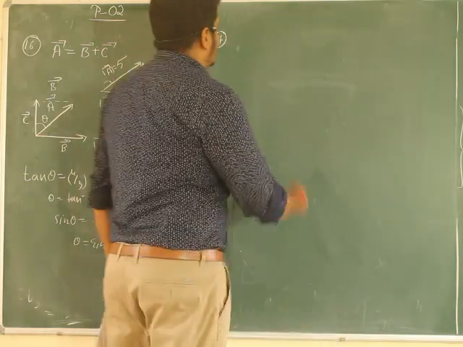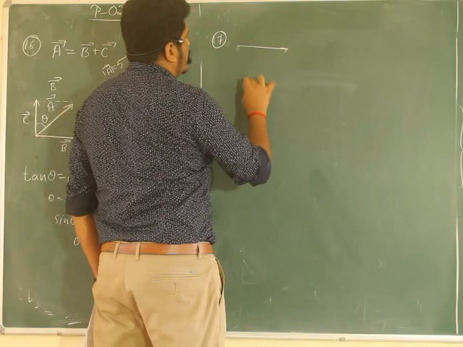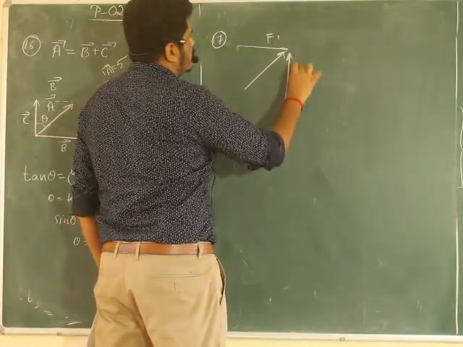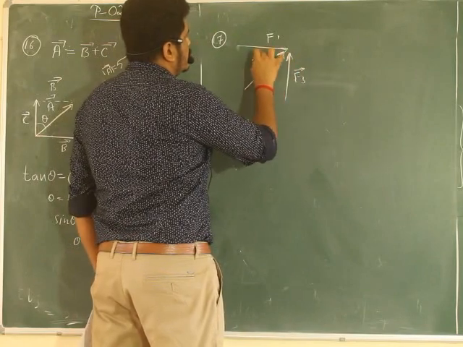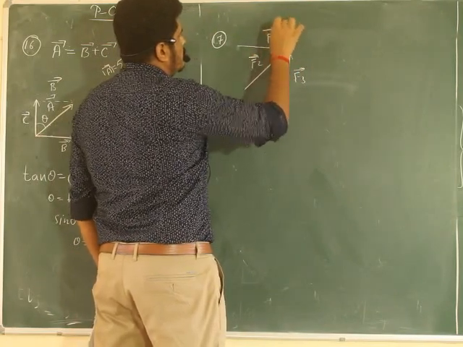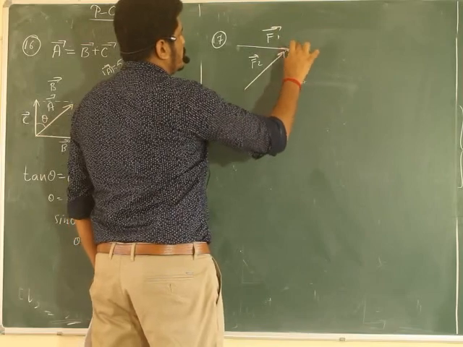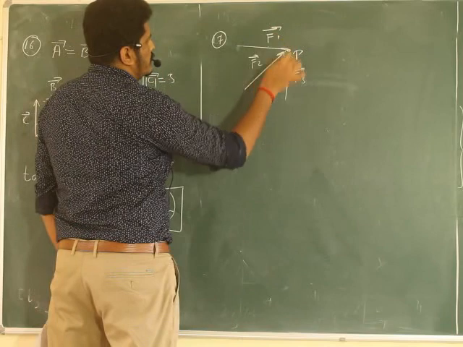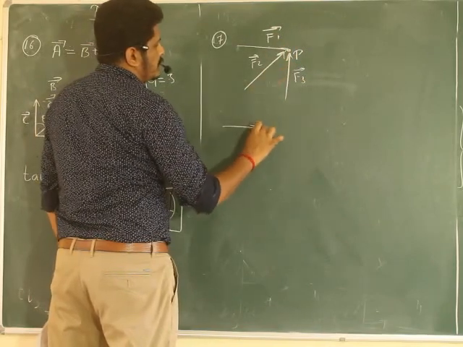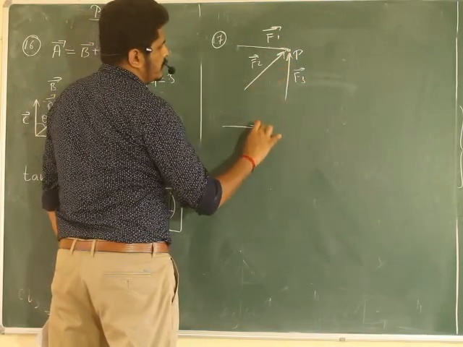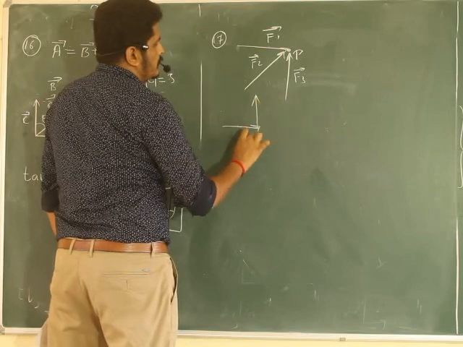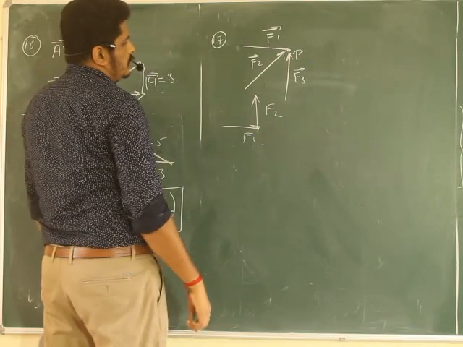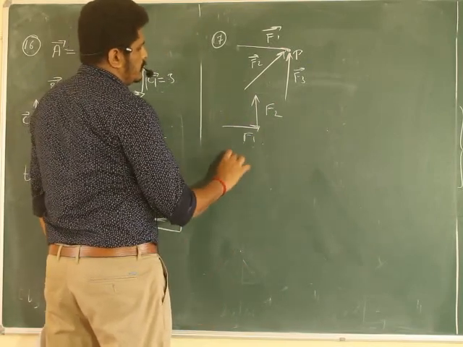For example, imagine like this. This is F1, F3, F2. Basically, suppose this is point P. Now I will take these 2 vectors, F1 and F2. Like this, or you can replace that one.